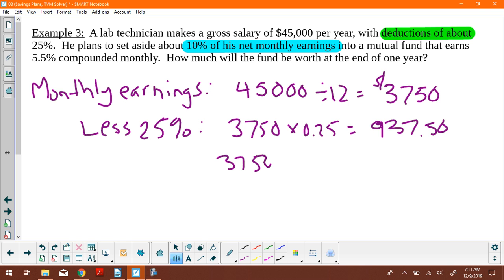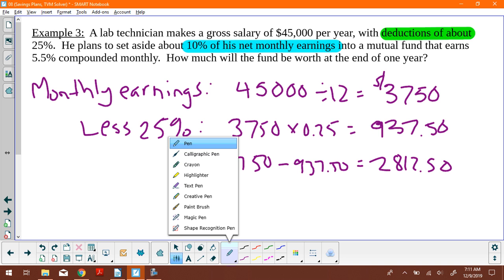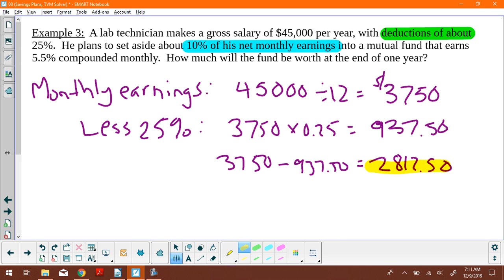So we have 3750 minus 937.50, so $2,812.50. Okay, so that is our net monthly pay. So that's what the actual paycheck would look like month to month.